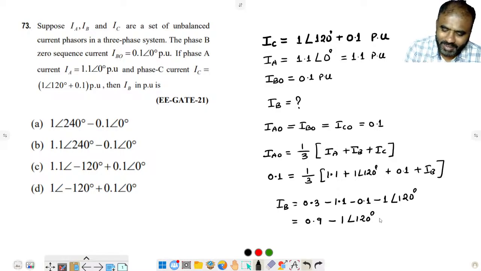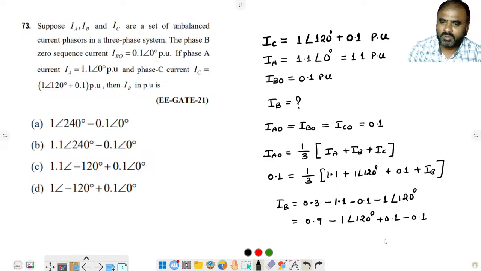Then you have to play with this. How? Let's add 0.1 and subtract 0.1. The value will remain the same.